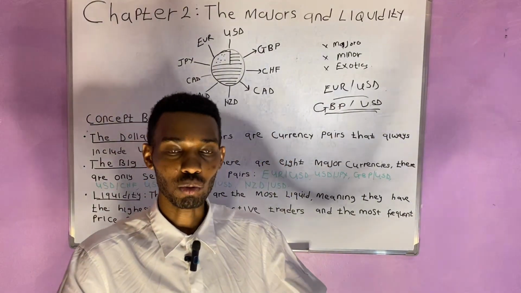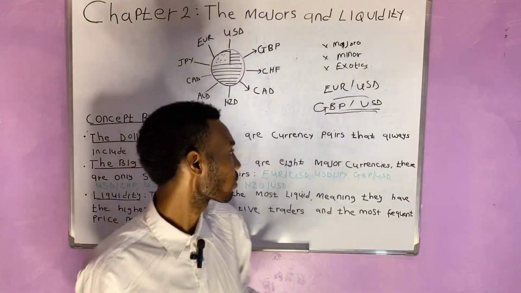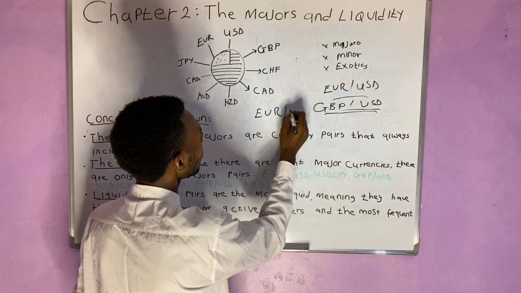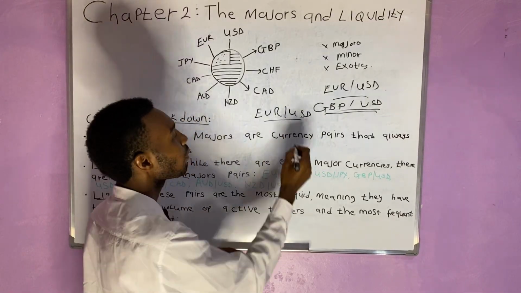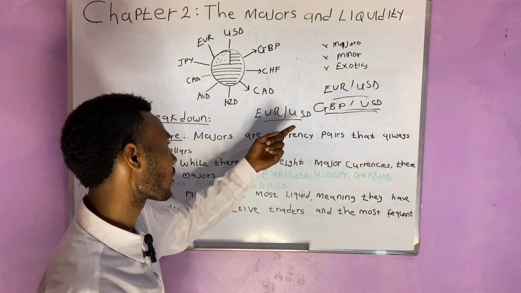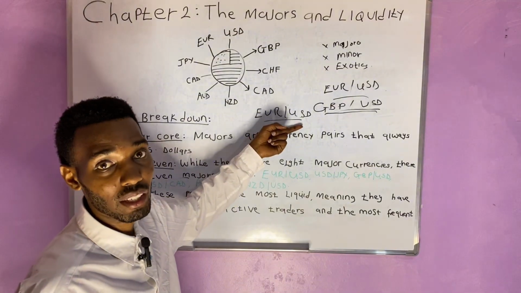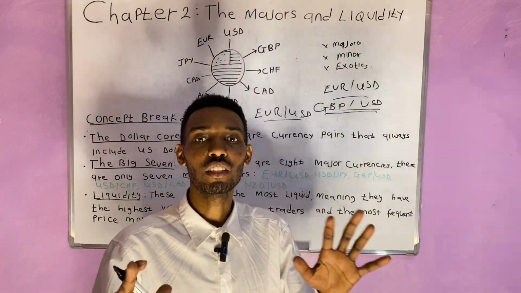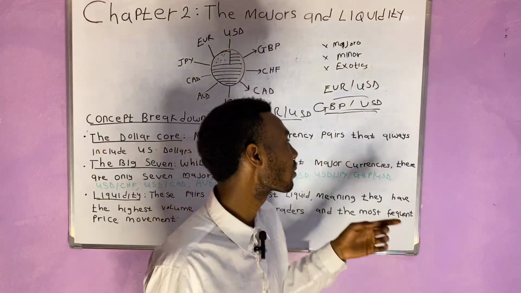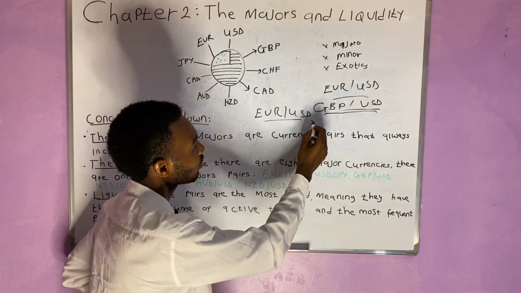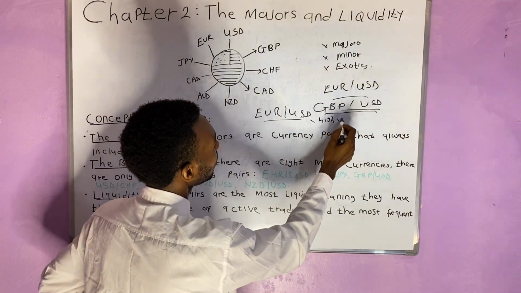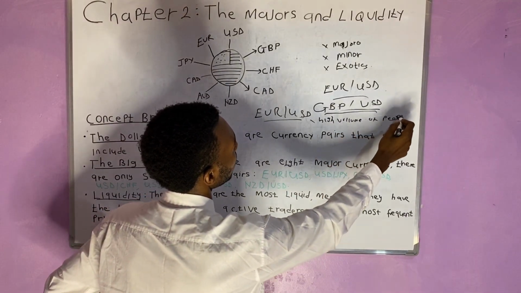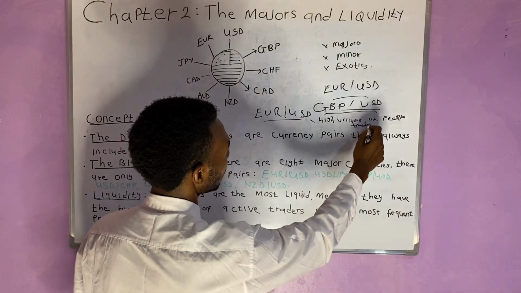Let's say the Euro USD. This is the most liquid currency pair, the one that people have always recommended and traded. Euro USD has a high volume of people trading.